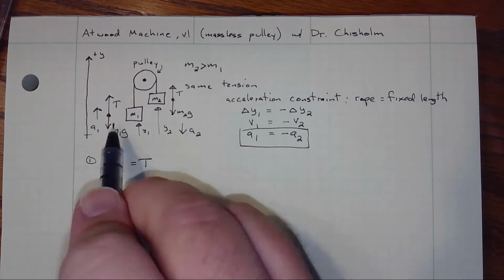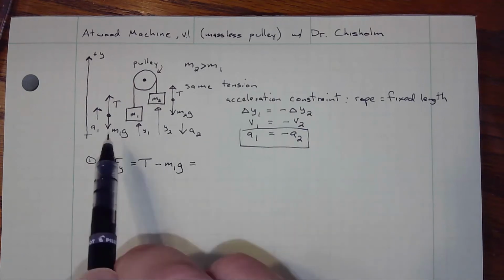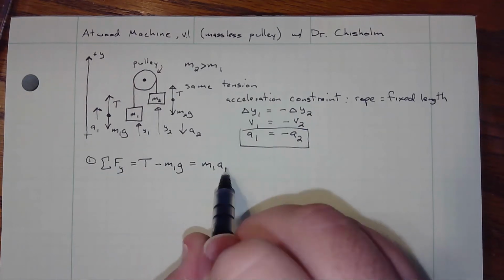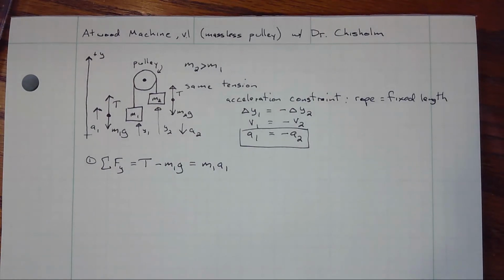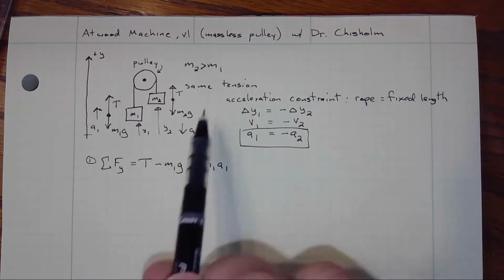I have weight pulling down, that's negative. And this is going to be equal to mass times acceleration. We have to be careful because we're going to have different masses and different accelerations. This is also going to be one of those videos where I am not going to plug in numbers, because we are going to get some cancellations and we'll be able to see more about the behavior. So this is the equation we get for our first block.